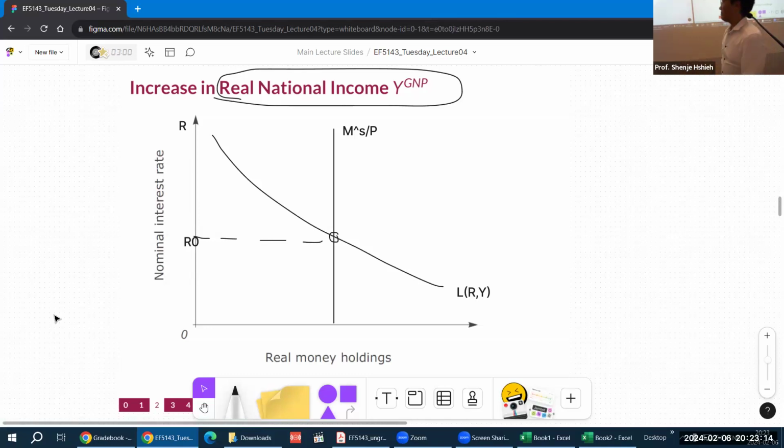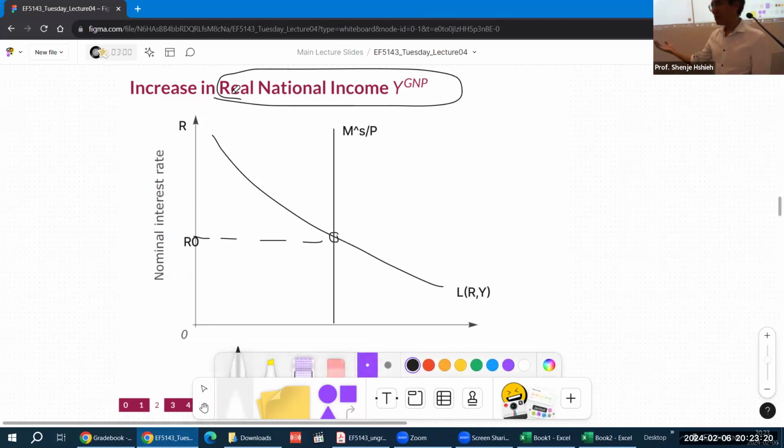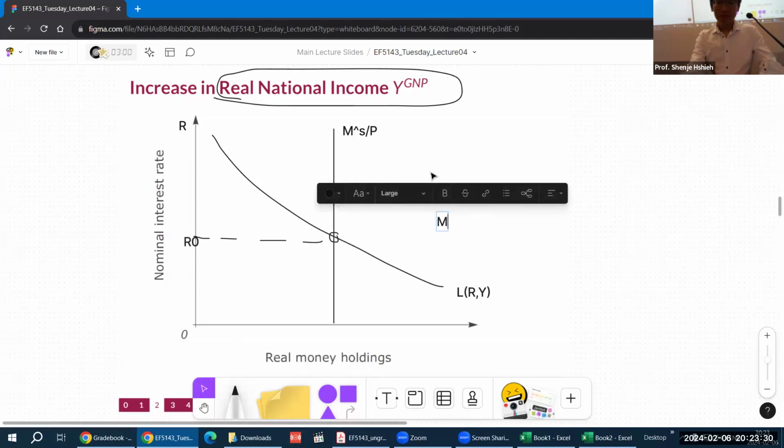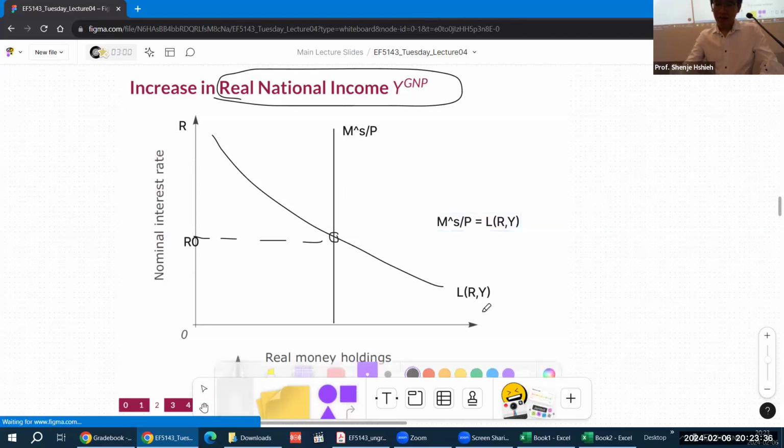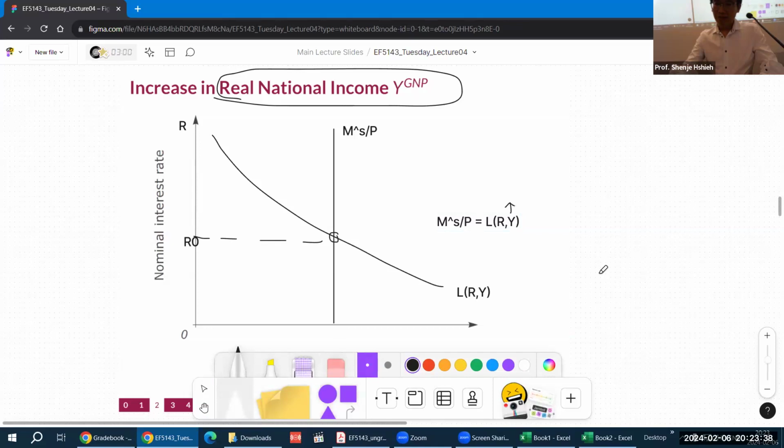So let's work through the math first to see what happens. If we expect, on average, people's wealth to increase in the near future, we can do a thought experiment in which we look at the Y variable increasing.